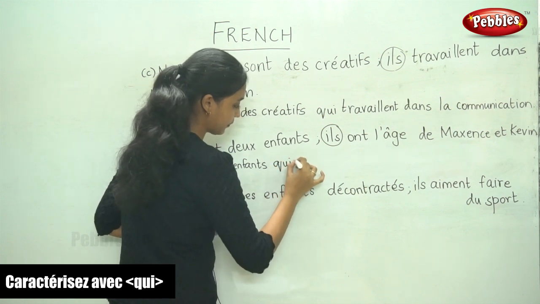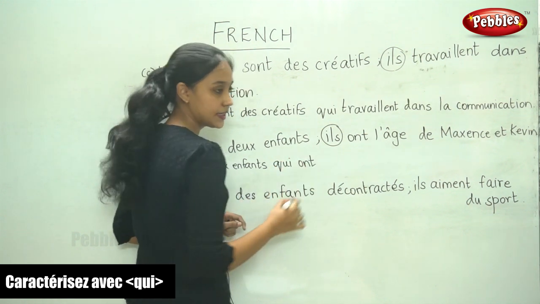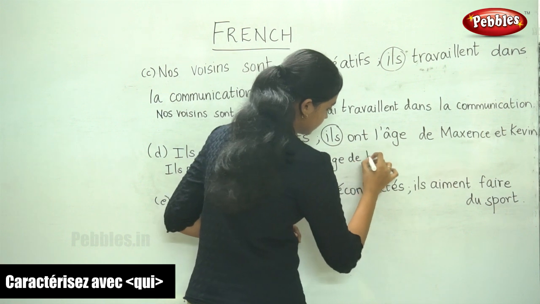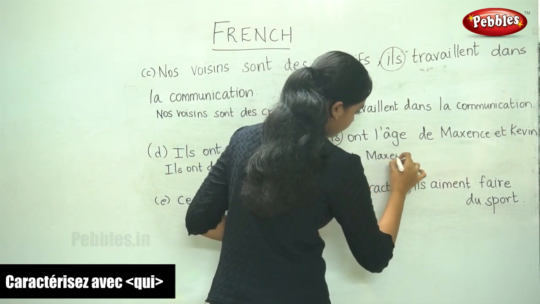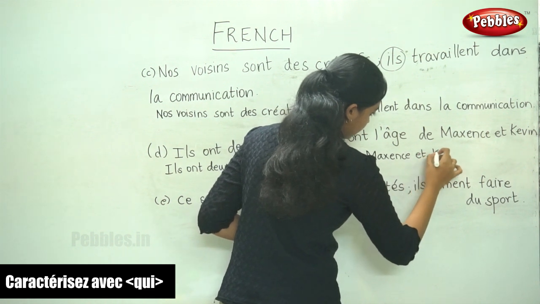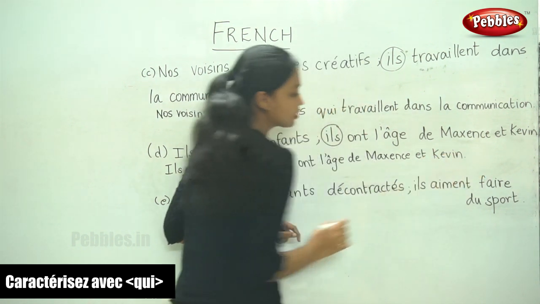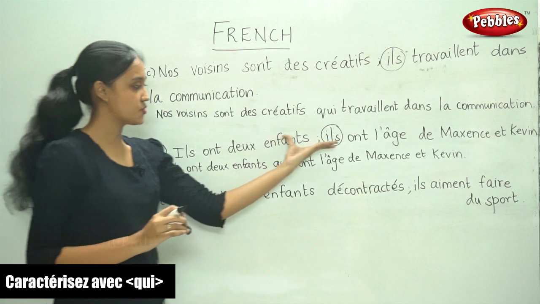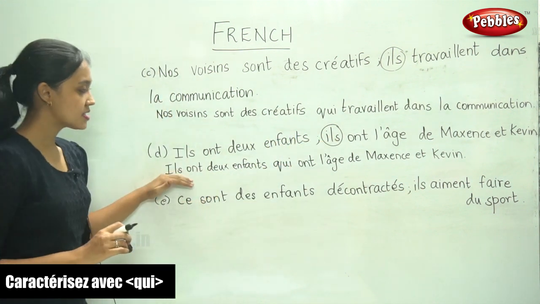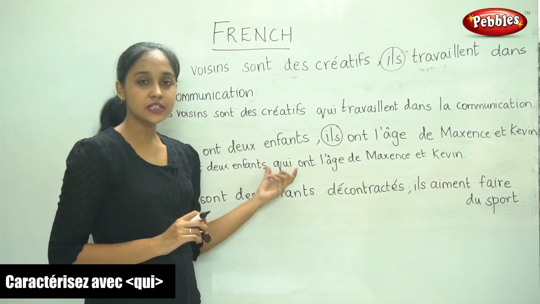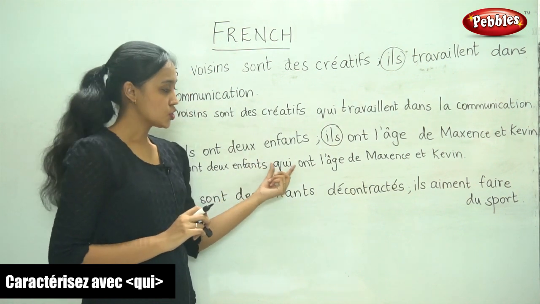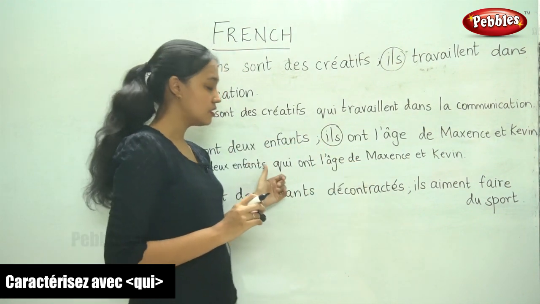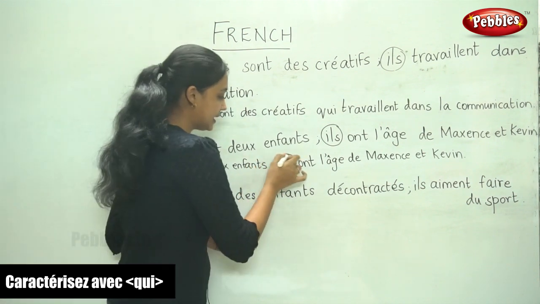Qui ont l'âge de Maxence et Kevin. So we combined these two sentences using qui. So this is a very simple concept, but you need to know what it means. So when you use qui, you are relating the two different sentences. So that is the purpose of the word qui here.